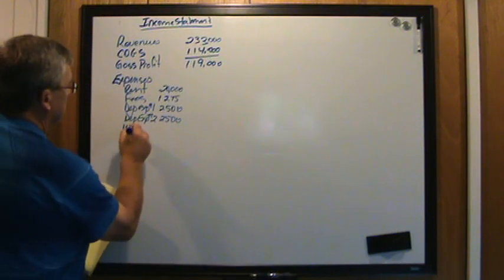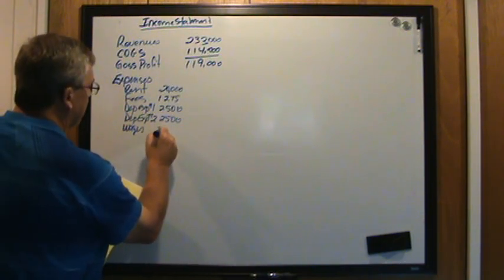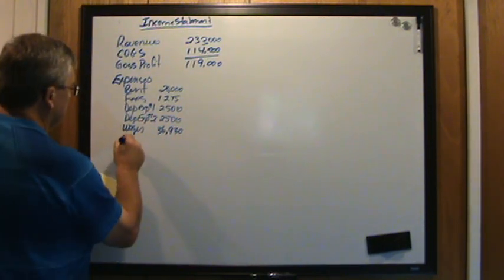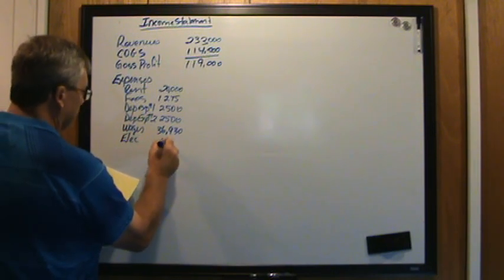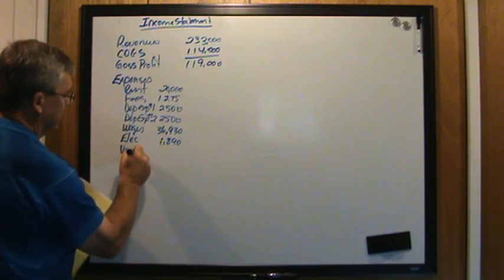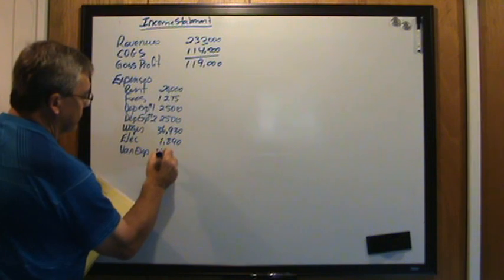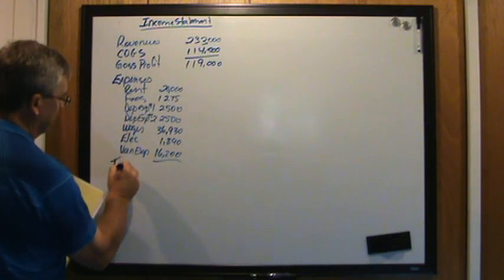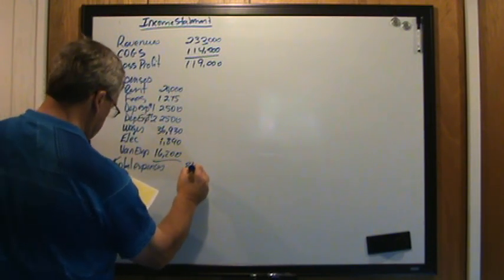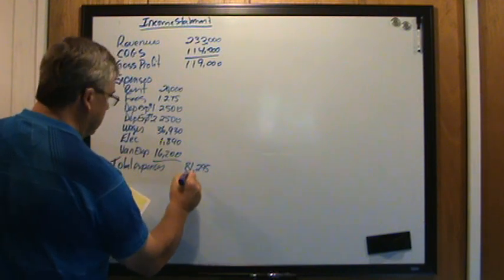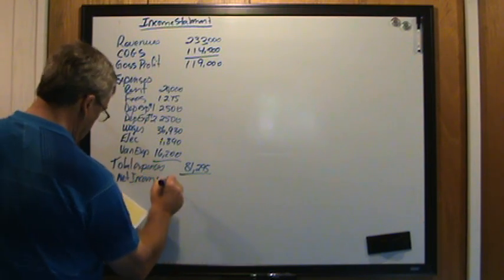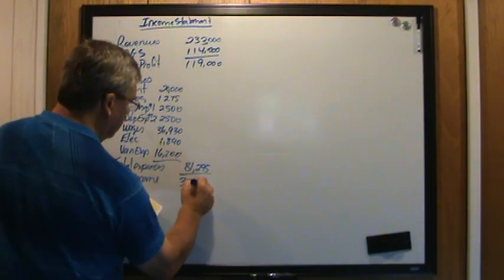Wages were 36,930. Electricity 1,890, and the van expense was 16,200. So total expenses were 81,295, and for a net income of 37,705.